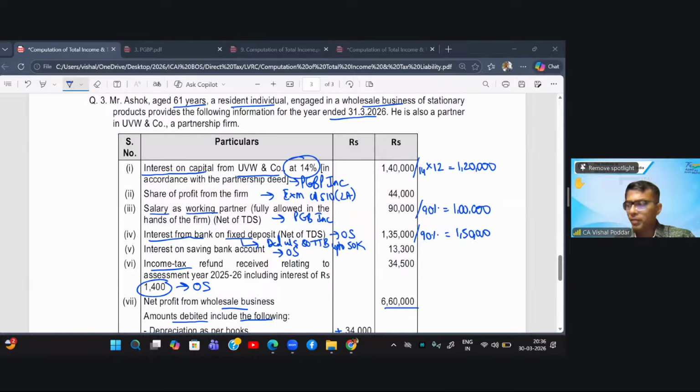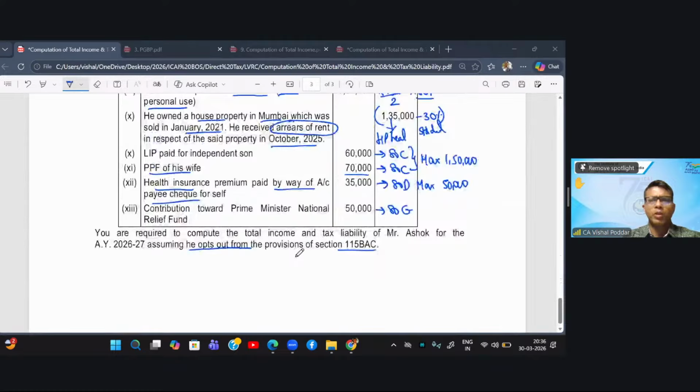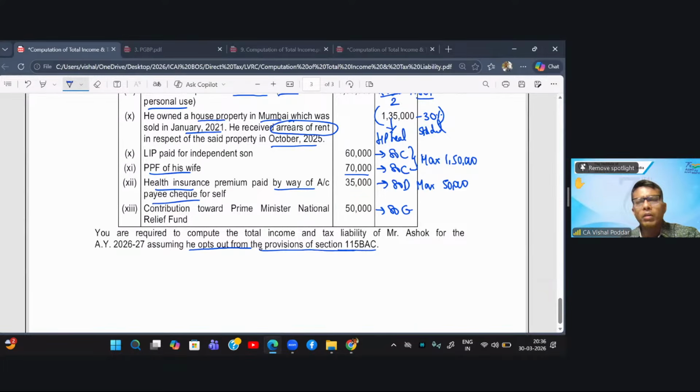Yes, Aditya, beta. Sir, this question belongs to the new regime, sir. No, but it says he opts out of the new regime, so it is given that way. 115BAC is the new regime, na?